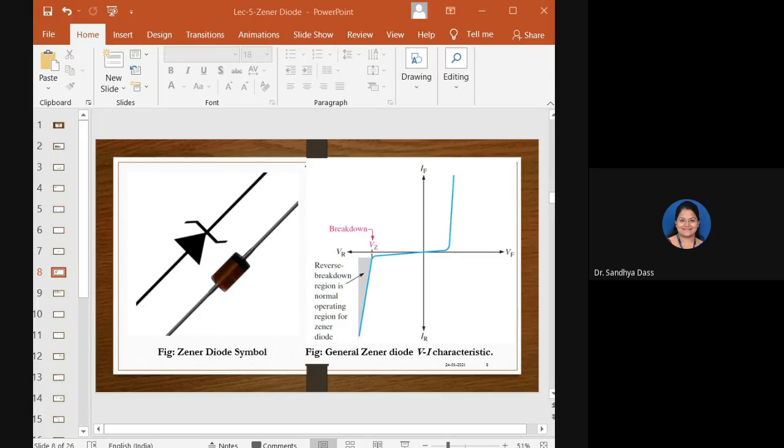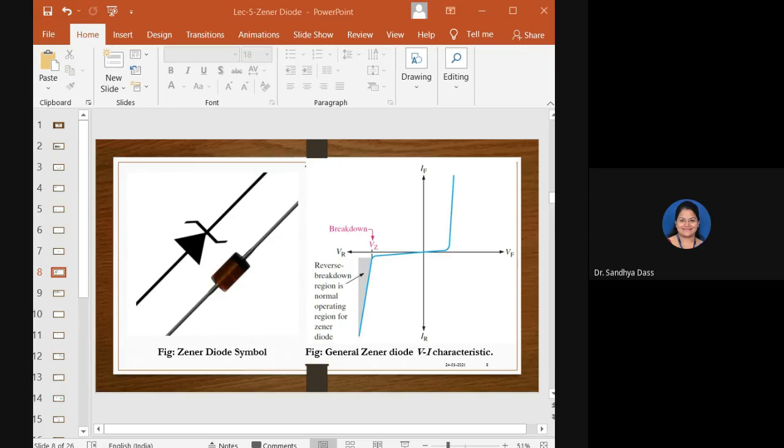minority carriers. After a certain reverse voltage across the junction, these minority carriers get sufficient kinetic energy due to the strong electric field there. The free electrons with sufficient kinetic energy collide with the stationary ions in the depletion layer and knock out free electrons. These newly created free electrons again get sufficient kinetic energy due to the same electric field, and they create more free electrons by collision cumulatively.